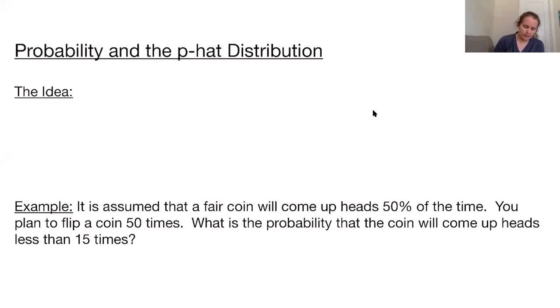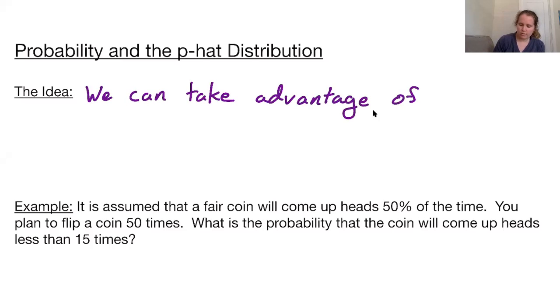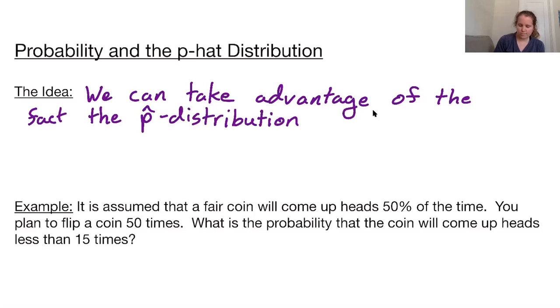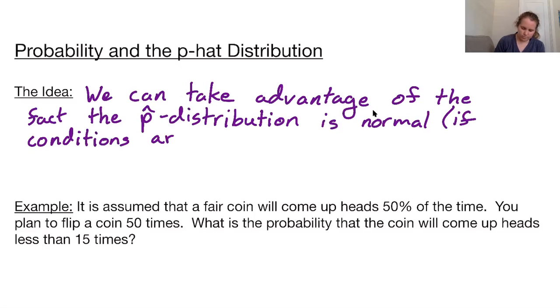So again, we can take advantage of the fact that the p-hat distribution is normal, again, if certain conditions are met, and calculate the probability of getting certain results.